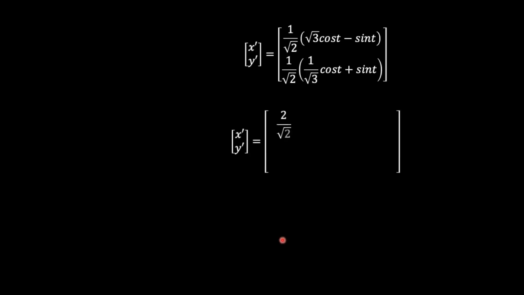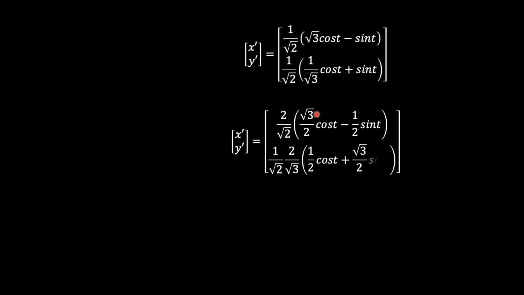Simplifying it further, we can now pull out 2, and this becomes root 3 over 2, and this becomes a half. The same would happen here if you multiply by root 3 across, so that we have 1 over root 3 out here, and then pull out the 2. So we have a half here, and we have root 3 over 2 here.